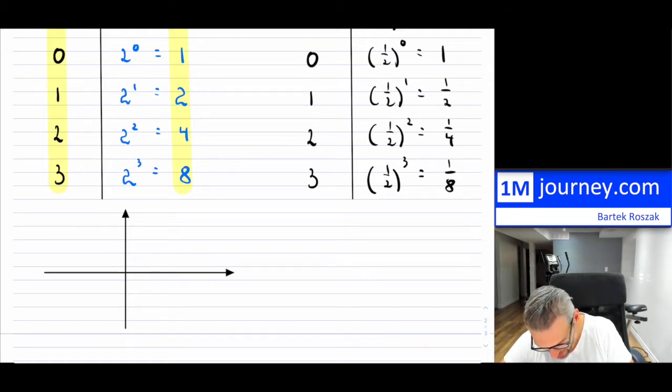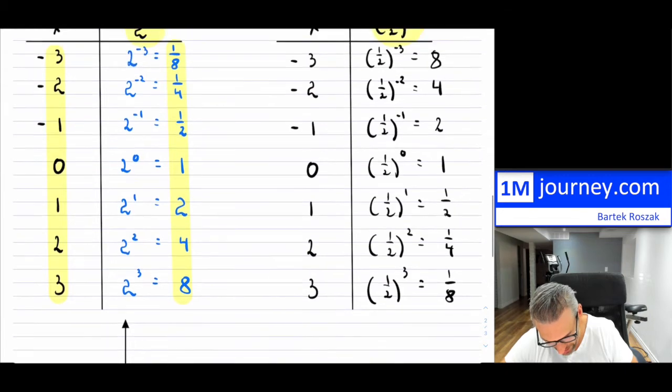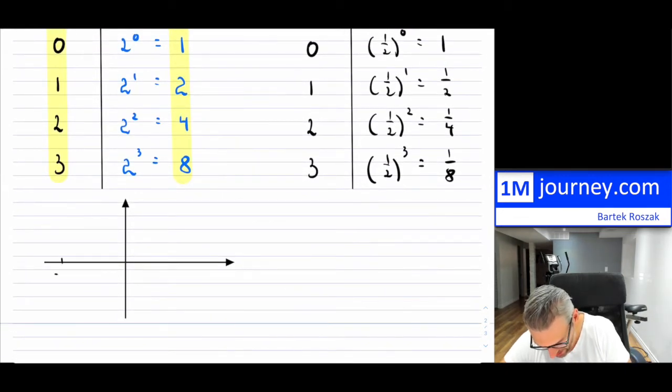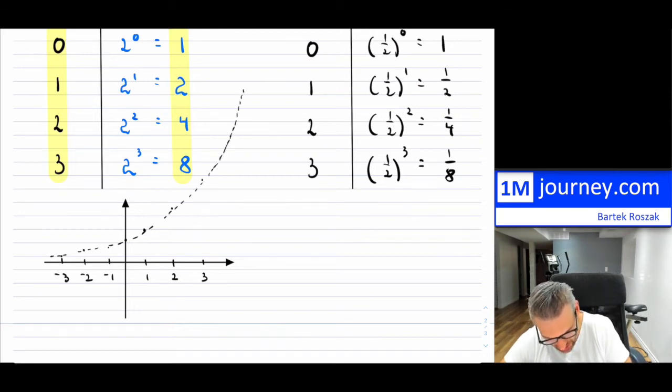As you plot them from, let's say, negative 3 right here, negative 2, negative 1, and then 1, 2, and 3, this would have been rather small, and then it slowly tries to take off right here, and then it goes through 1, and it goes to 2, and then all of a sudden it starts to skyrocket because of the exponent. If we kept going, this would have really just exploded exponentially upwards like this.